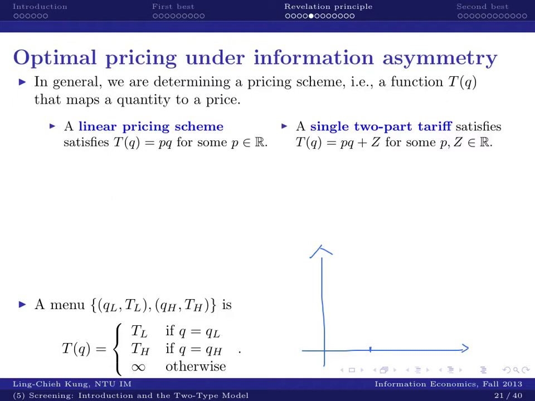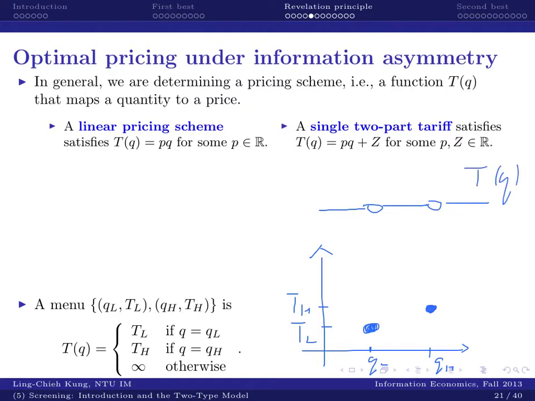This is QL, this is QH, this is TL, this is TH. You have 2 points here, and then infinity, or a very large price for other quantities.